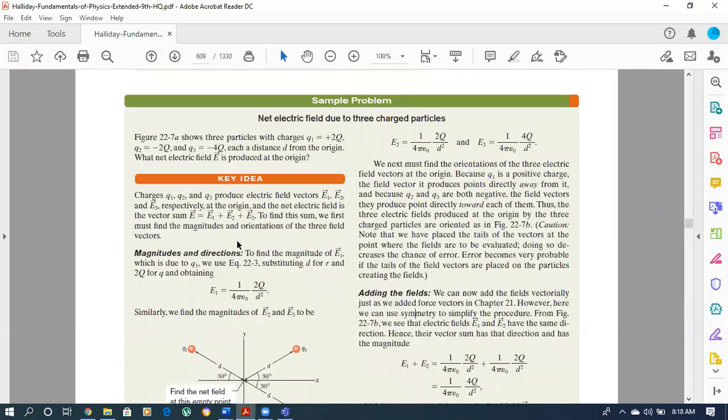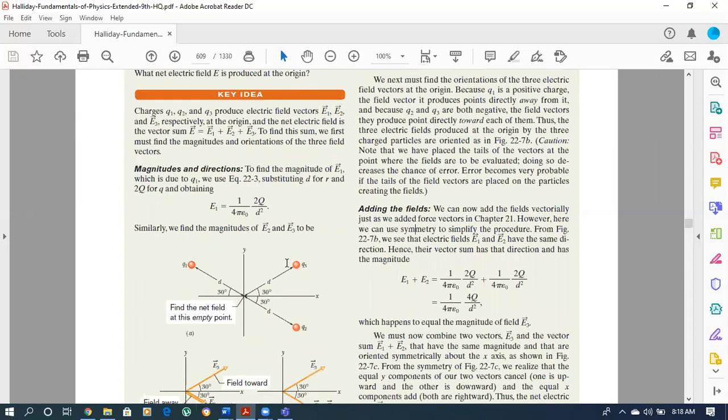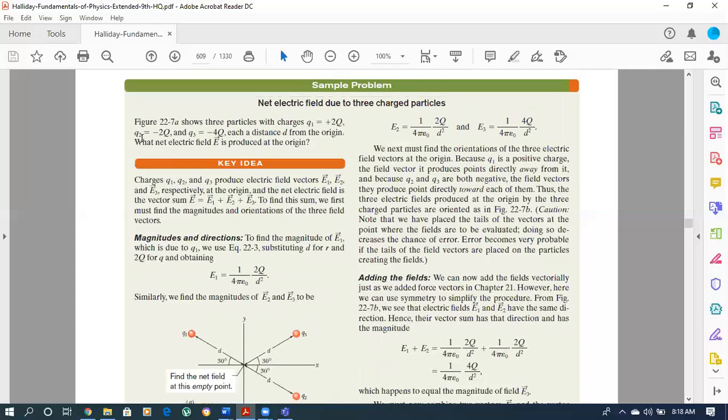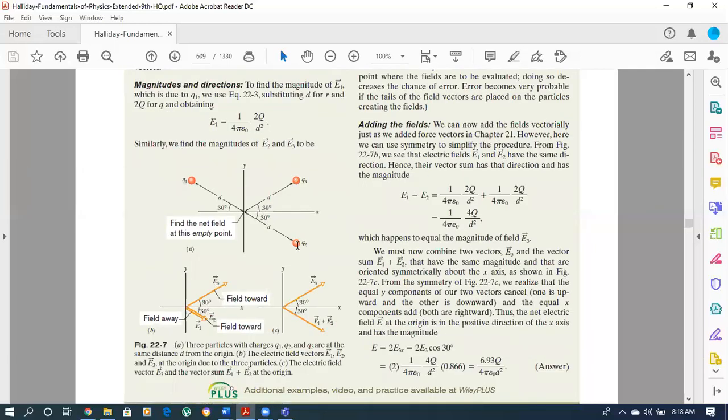And Q1 is a positive charge. When you place some positive charge here, it will be repelled by this Q1 in the direction towards Q2. And because Q2 is a negative charge, it will attract this test charge towards itself.